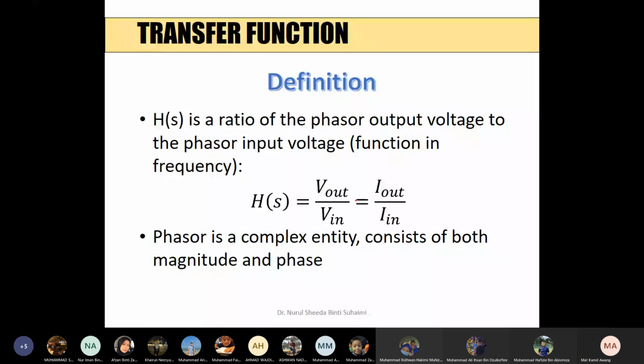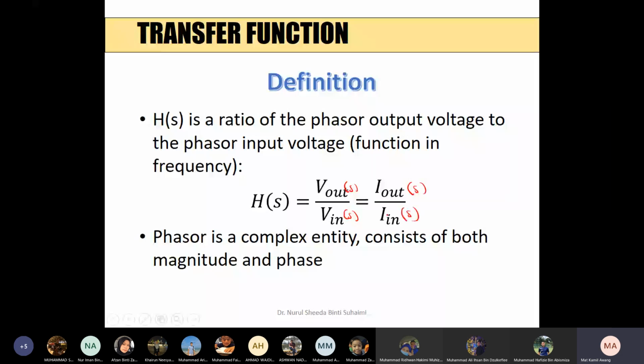So H(s) is a ratio of the phasor output voltage to the phasor input voltage. It's a function in frequency. So H(s) is equal to V out over V in, or I out over I in. Basically, this is a function of s.